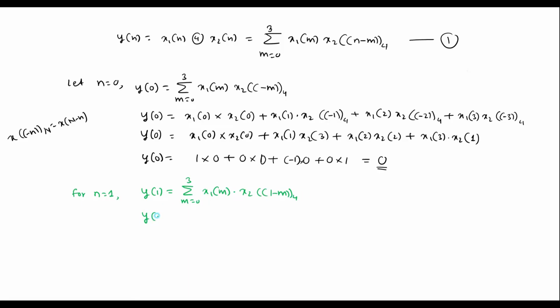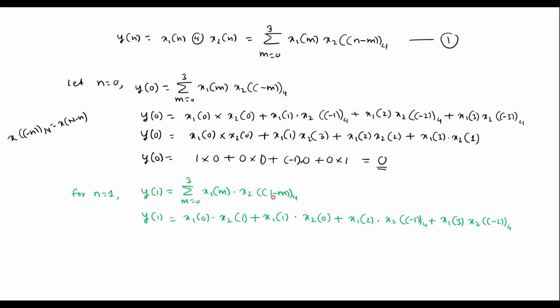So simplifying this, y of 1 is equal to, expanding this summation, I can write x1 of 0 into x2 of 1 minus 0, that is 1, plus x1 of 1 into x2 of 0, plus x1 of 2 into x2 of 1 minus 2 is minus 1, plus m equal to 3, that is x1 of 3, x2 of 1 minus 3 is minus 2.